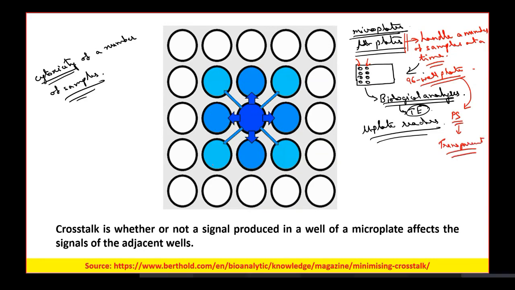Now suppose you want to analyze the sample in this central well. This is a schematic representation of the microplate. At this central well, you want to analyze the luminosity.